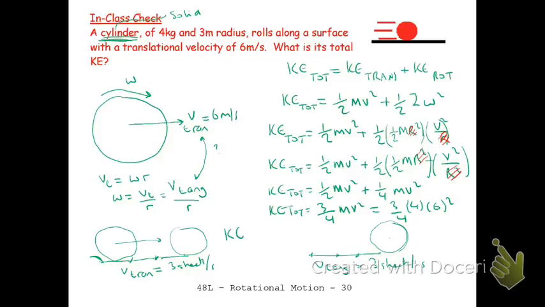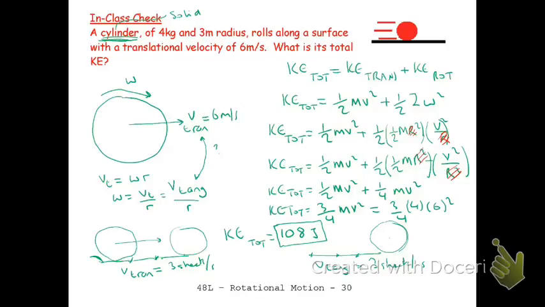So KE total is equal to 6 sixes are 36, and 3 times 36 is 108. And it's going to be joules. So 108 joules.